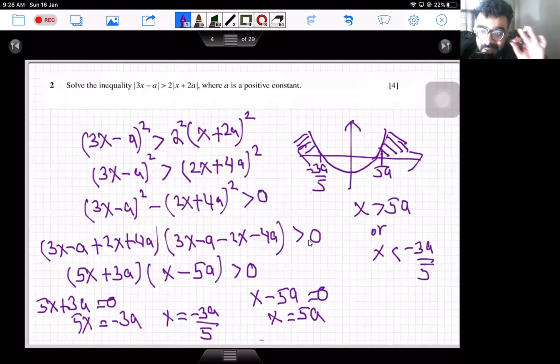And since we are dealing with a case where we have the modulus function on both sides, we don't need to check the validity of the roots. Here you don't need to check which root is valid or invalid. Both of the roots would be valid in this case.